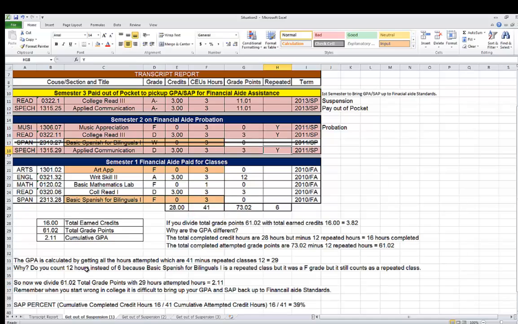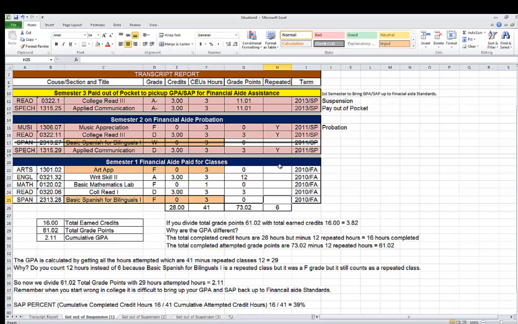Now, why do you count 12 hours instead of 6? Because Basic Spanish for bilingual is a repeated class. We also have 3, 6, 9, and 12. This one is not considered a repeated class because it hasn't been taken again, so we only have one repeated class.